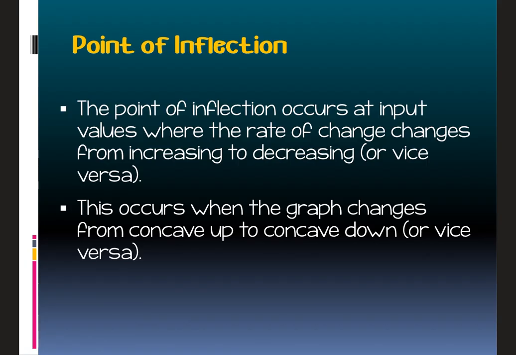All right, point of inflection. I think I mentioned this the other day, but I don't know why it waits till now to say it, but this is where we say it. The point of inflection occurs at the input values where the rate of change goes from increasing to decreasing, which basically means it occurs when the graph changes from concave up to concave down, or vice versa.